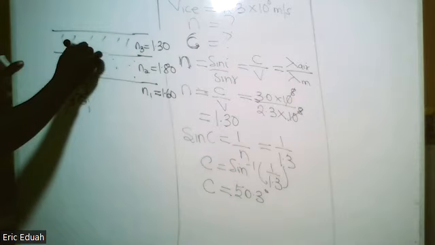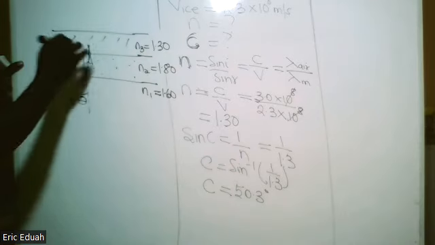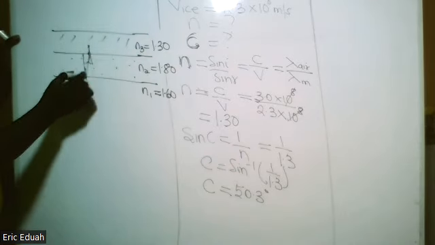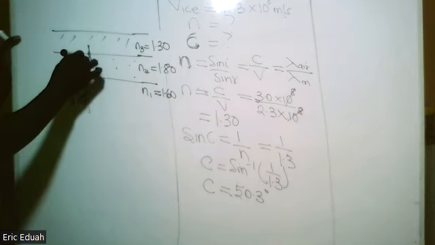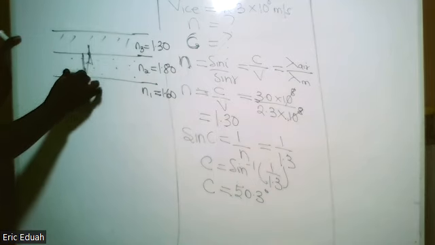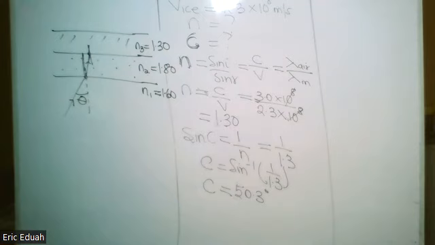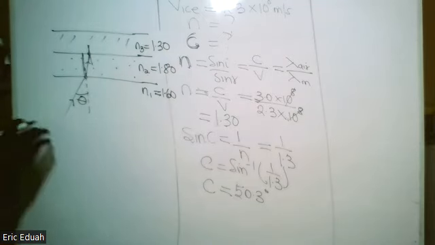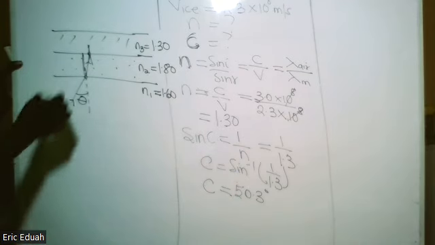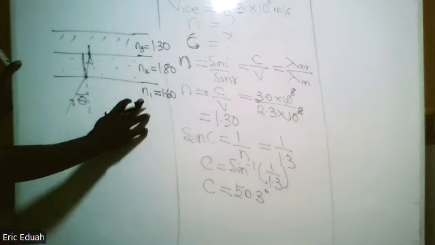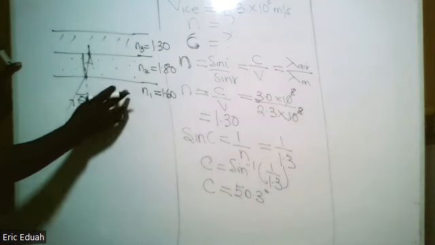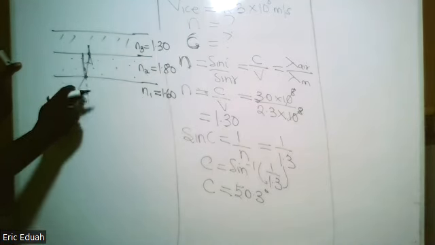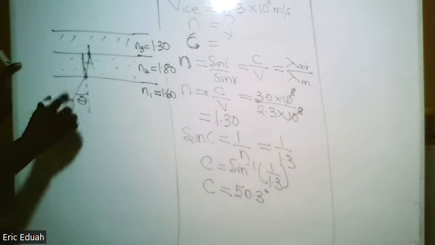Okay, if we are to draw another normal here. So let's only talk about refraction here. From what we learned about refraction at boundaries, the product of the refractive index of the first one and the sine of the angle of incidence is conserved.